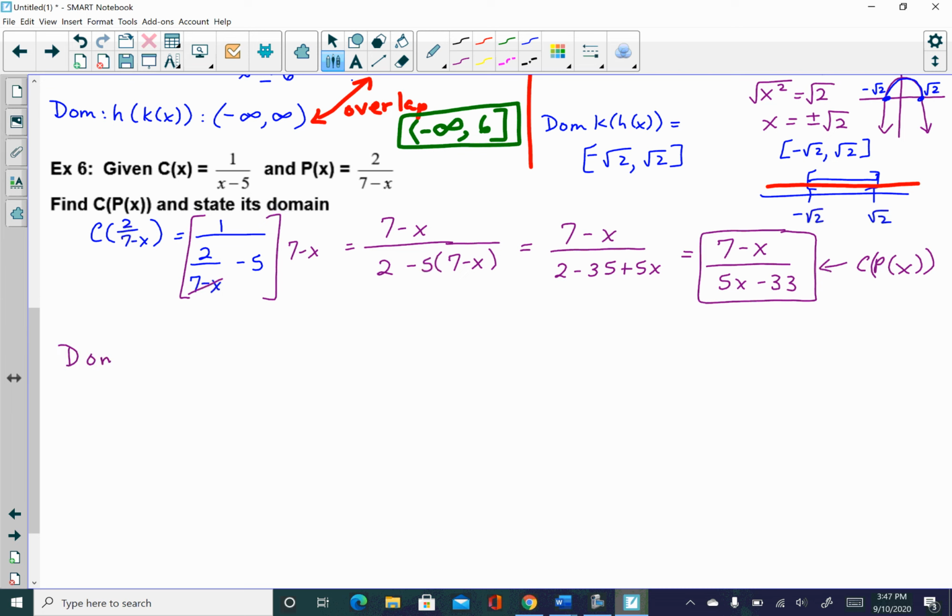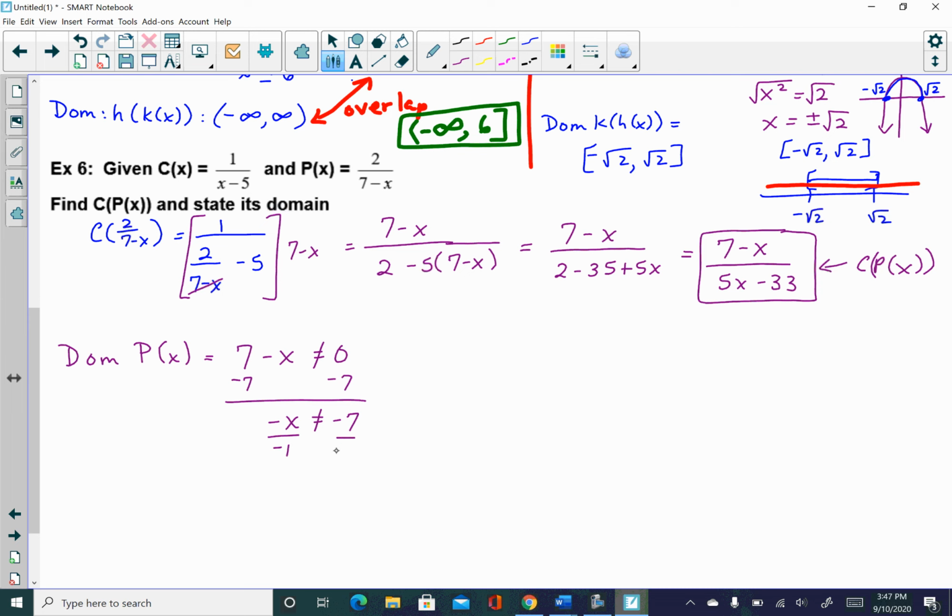Go to the interior. You need the domain of p of x. So my p of x function has a denominator. So that denominator cannot equal 0, right? So set that equal to 0 and solve for x to get what's excluded. So subtract 7 from both sides. Negative x cannot equal negative 7.